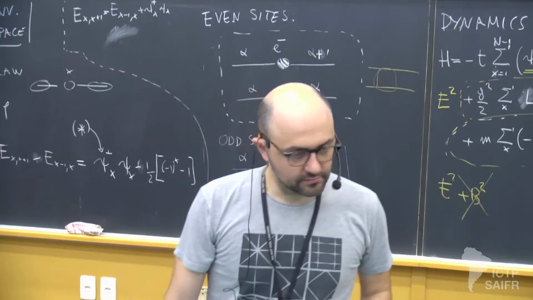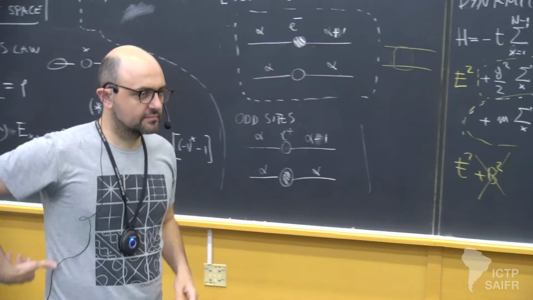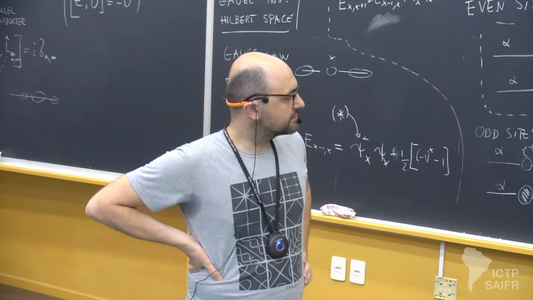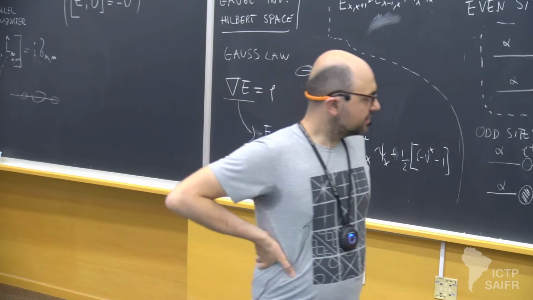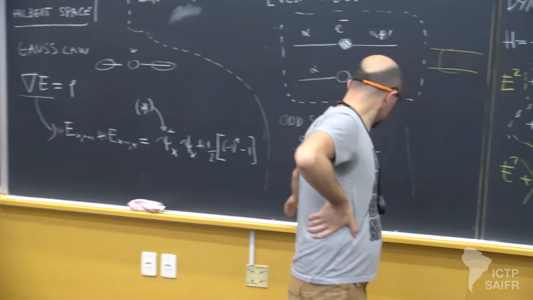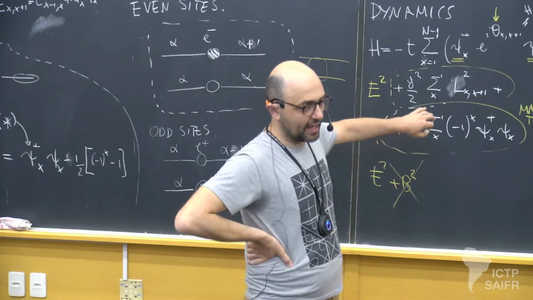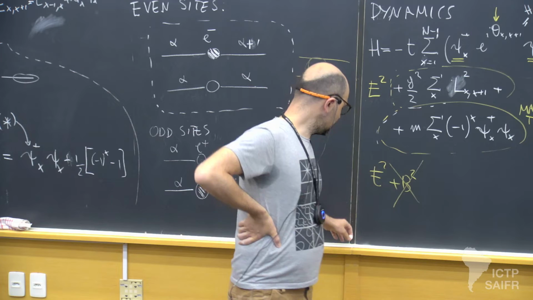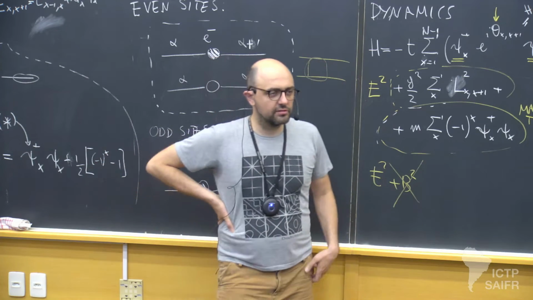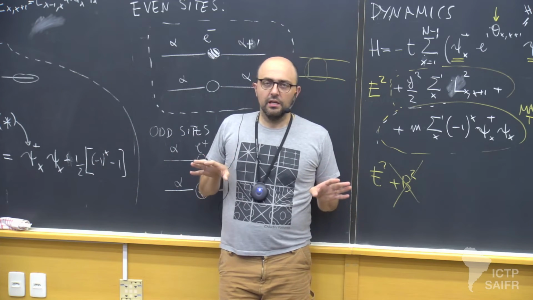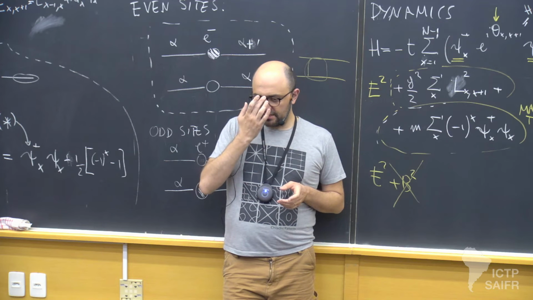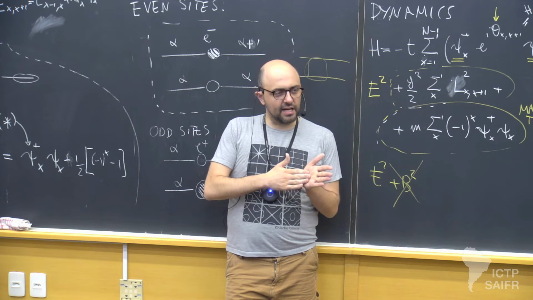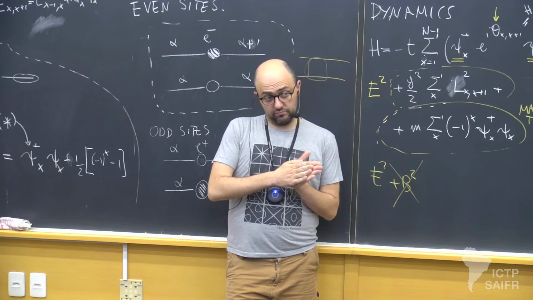Historically, what was the motivation of Schwinger to introduce this? First of all, Schwinger did not formulate the lattice version. Schwinger studied quantum electrodynamics in one dimension and the continuum only. He was interested because he found that there are regimes where this is exactly soluble.